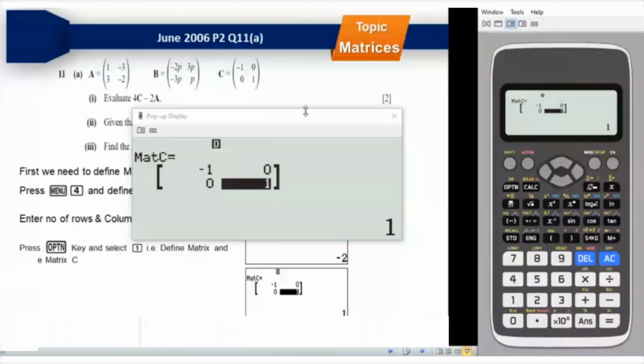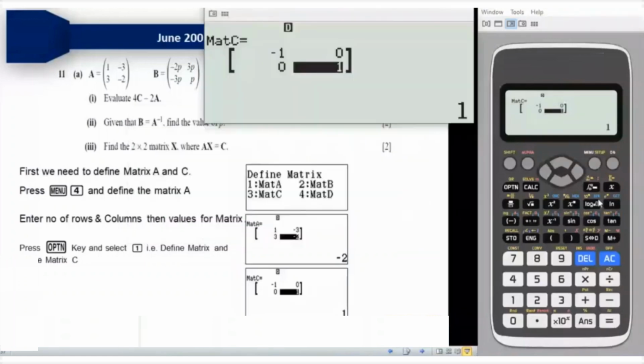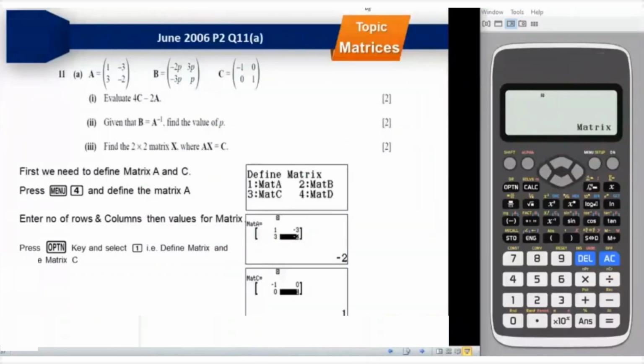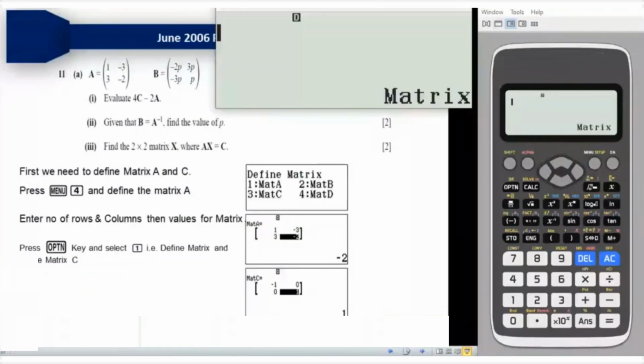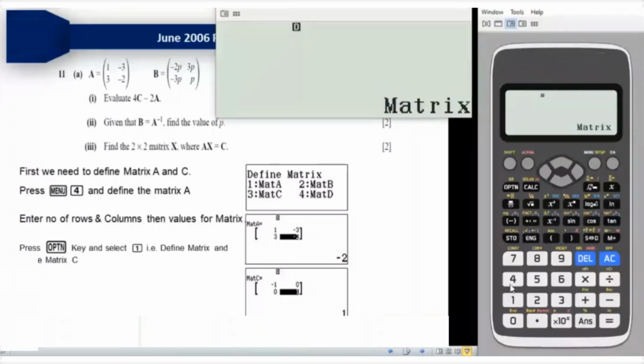So I have defined matrix A and matrix C. Now I need to evaluate 4C minus 2A. So the first part is 4C minus 2A. So I press 4. C means option 5.